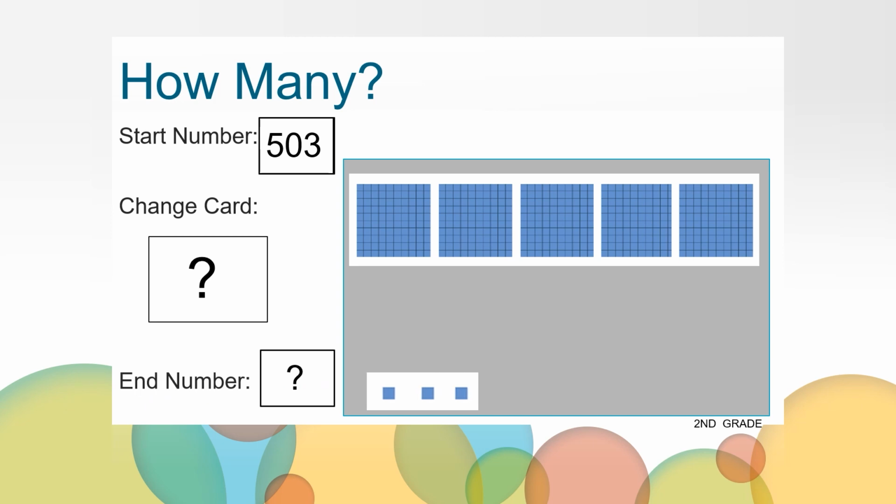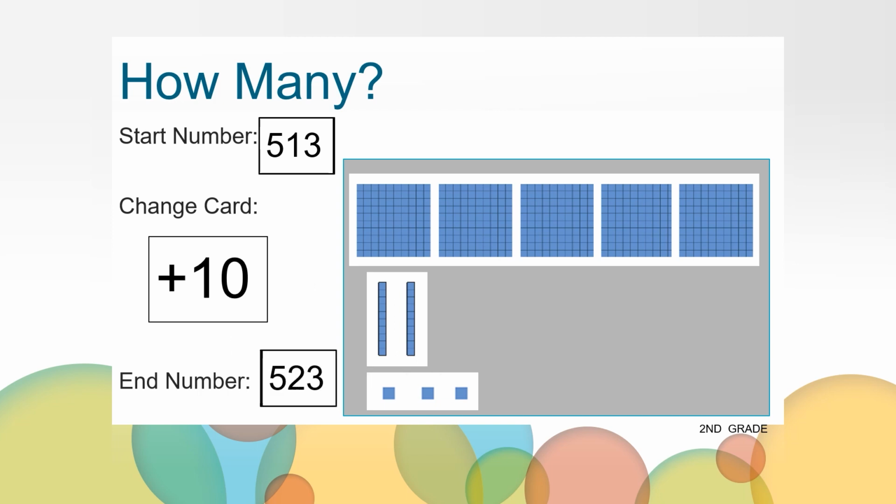Now, we're going to change that number by adding 10. What is our new number? Our new number is 513. Now, 513 is where we will begin, and we will change by adding 10. Where will we end? Our end number will be 523.